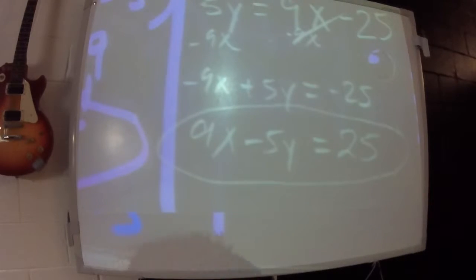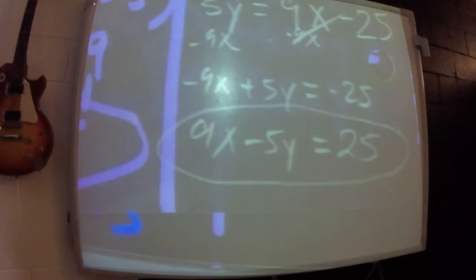If they say perpendicular to, what are you supposed to do? Flip it, reciprocal it, and then do the opposite. If it's positive, go negative. If it's negative, go positive. So understand that's how it's going to work. They're not going to give you the slope. They're going to say steal the slope from this equation and make it parallel or make it perpendicular.